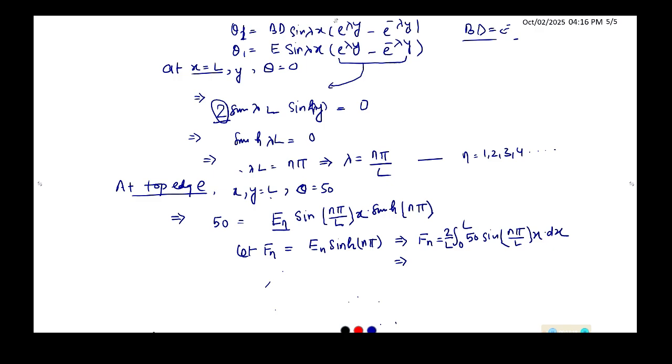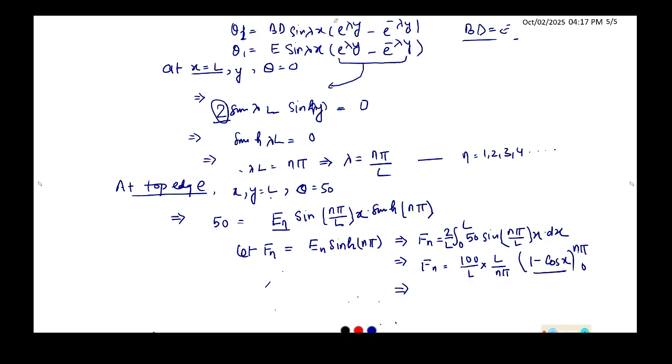Simplifying this, we get fn equals 100 upon L into L upon n pi times 1 minus cos of x from 0 to n pi, changing the limit from x to n pi and assuming n pi upon L as z. So this basic integration can be used.